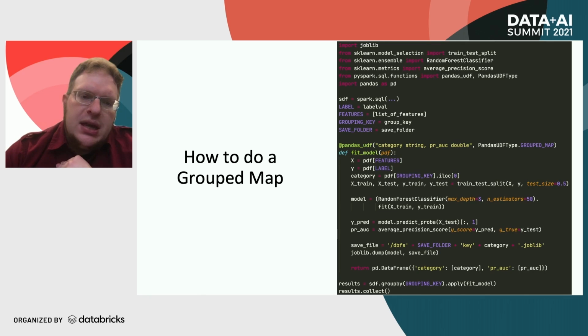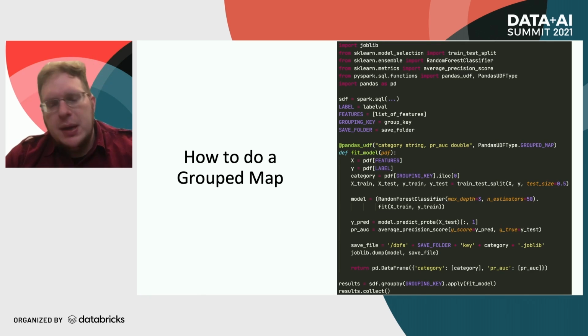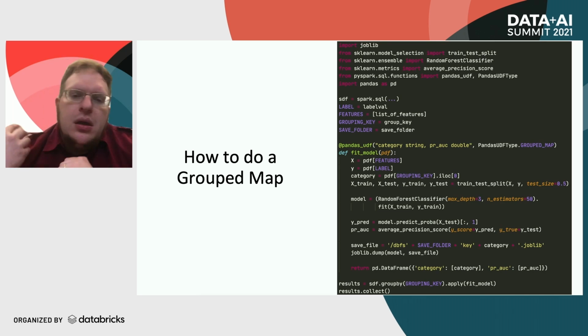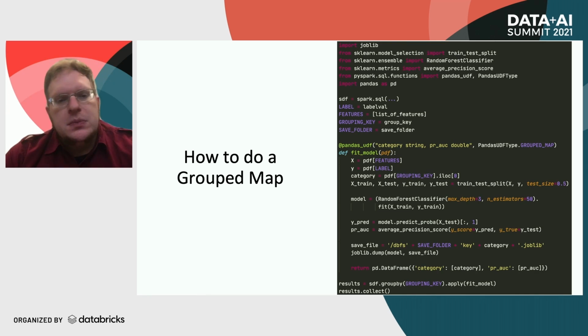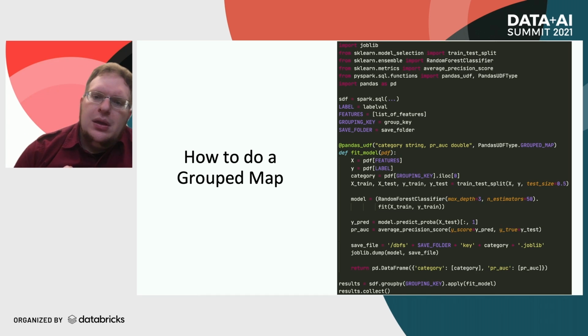Now, instead of calling my function on my pandas data frame, I'm going to take my Spark data frame, call group by, give it the grouping key, and apply this fit model. And last, I call collect. That is it.